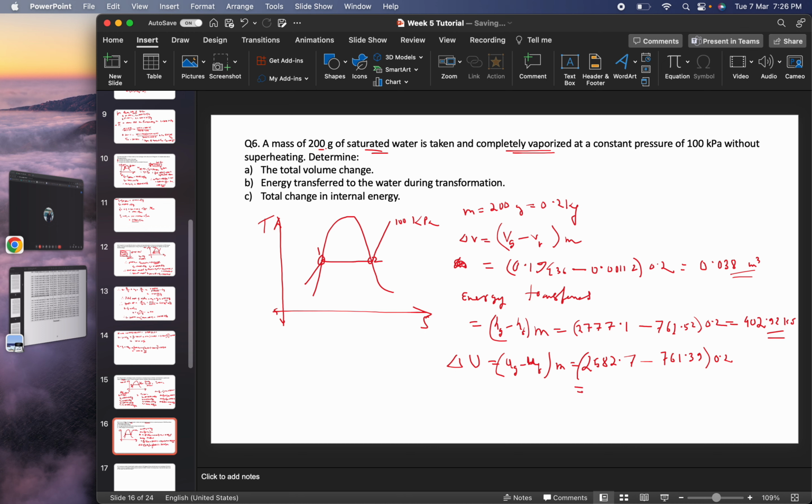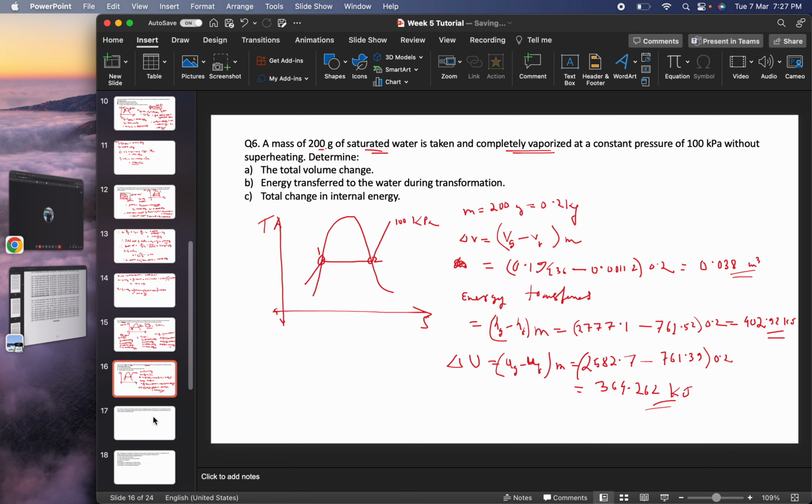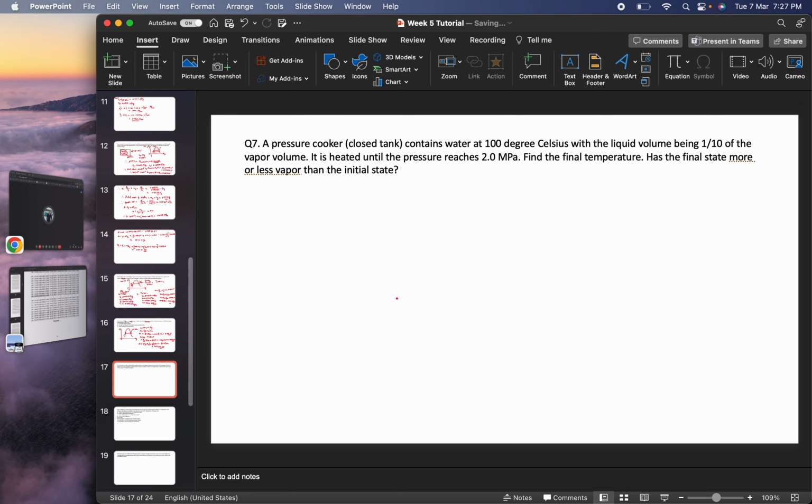Okay, so that is 2582.7 minus 761.39 into 0.2. So this is basically your 364.262 kilojoule. Okay, so moving on to the next question.